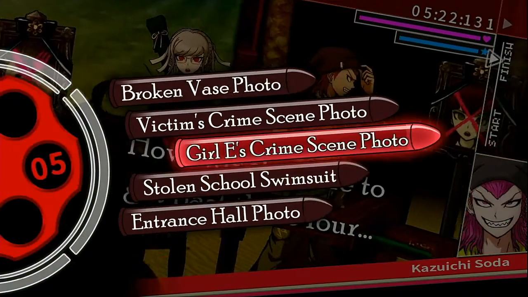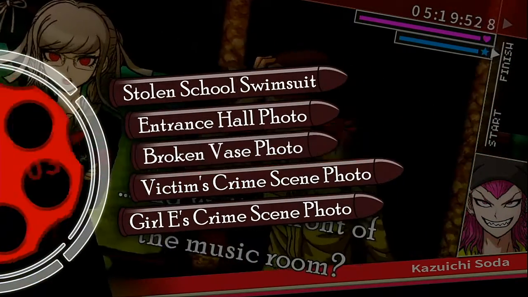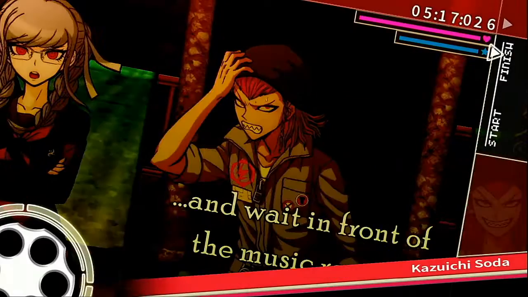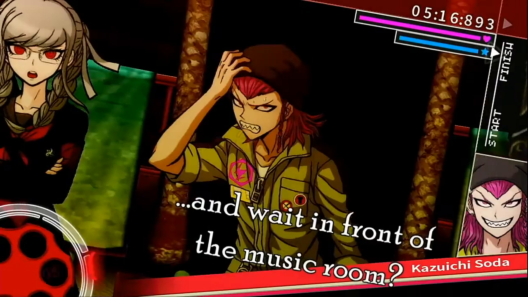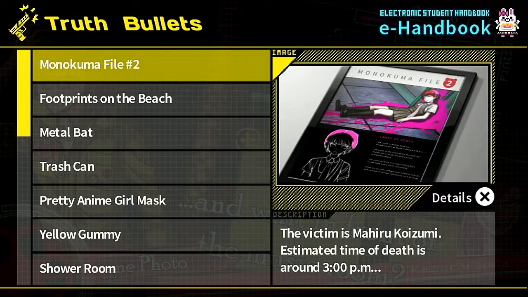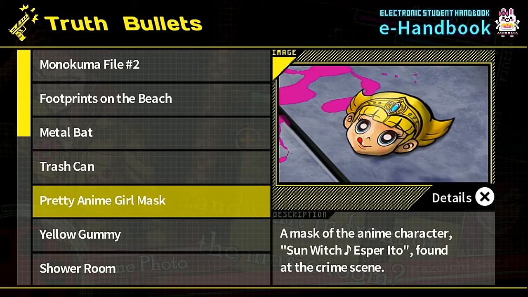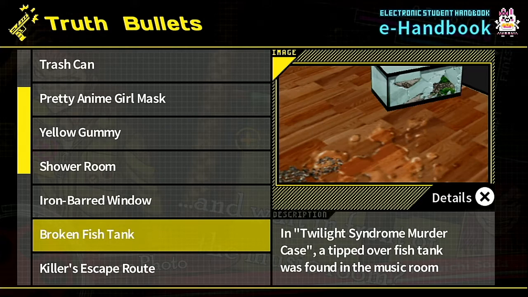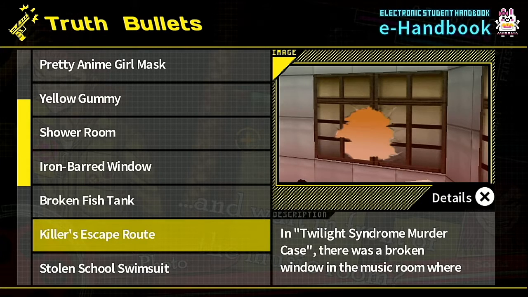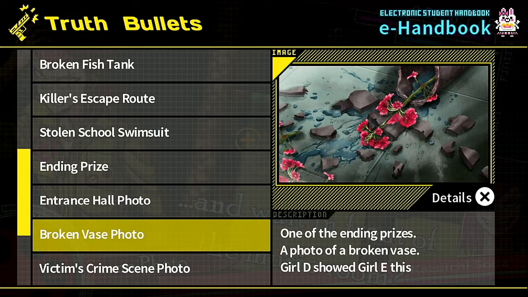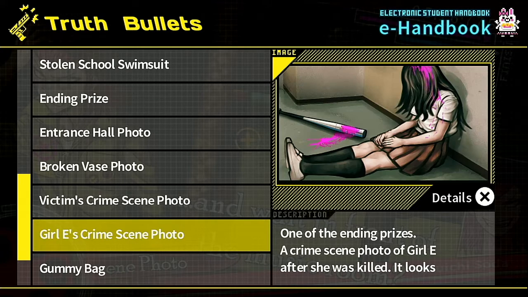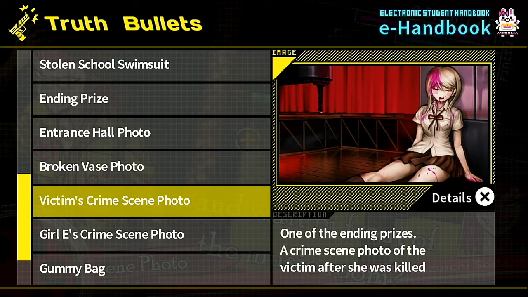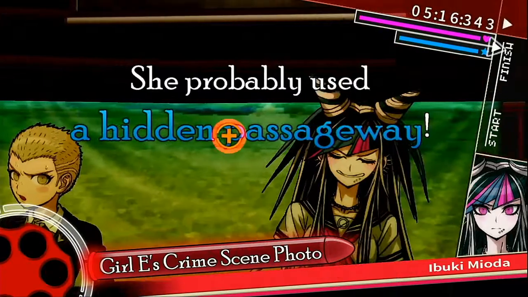How was she able to get past those four and wait in front of the music room? She probably used a hidden passageway!